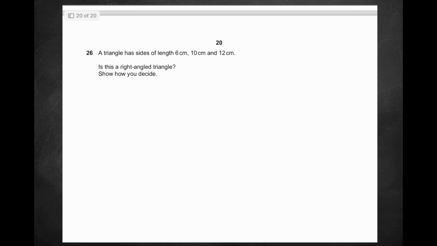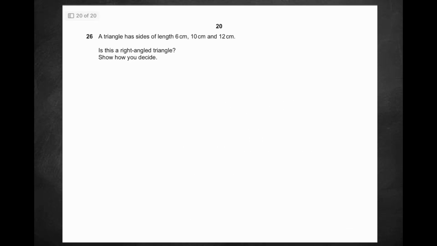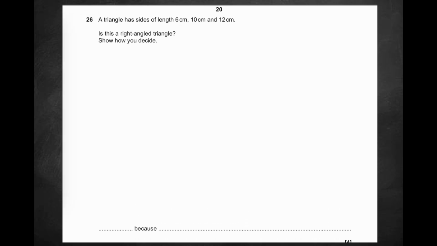And the final question on the paper, 26. A triangle has sides of length 6 centimeters, 10 centimeters, and 12 centimeters. Is this a right-angled triangle? Show how you decide.